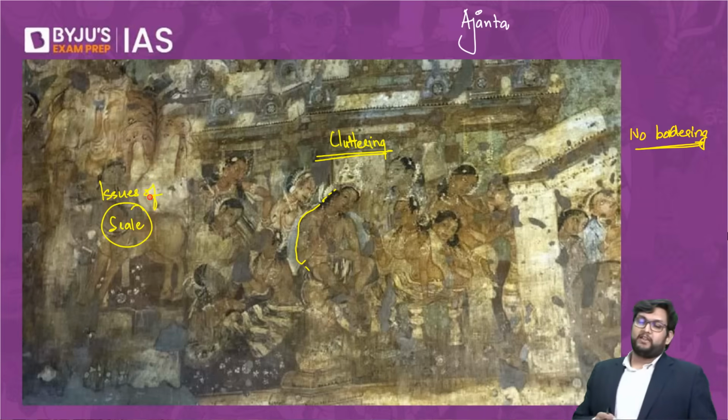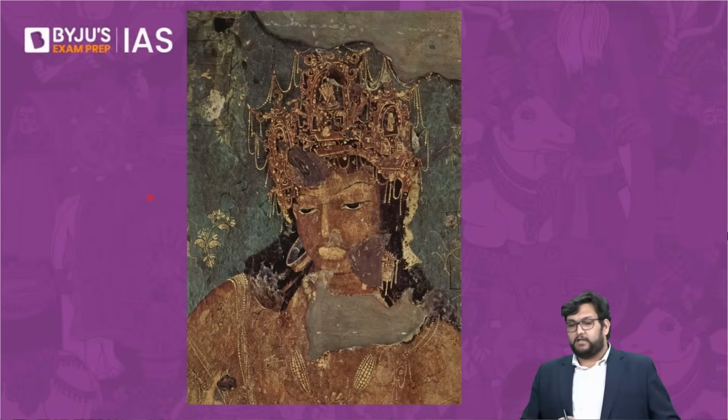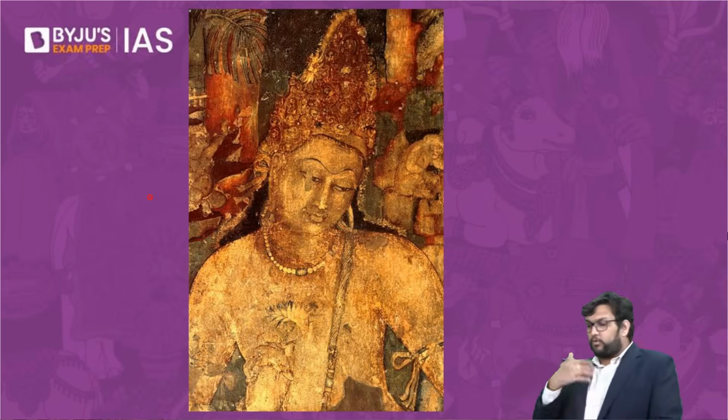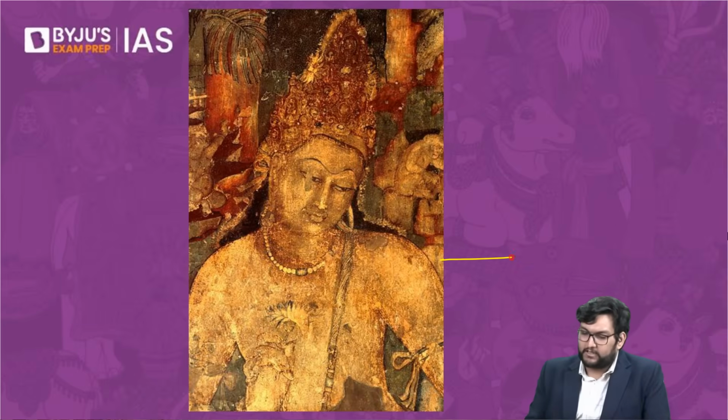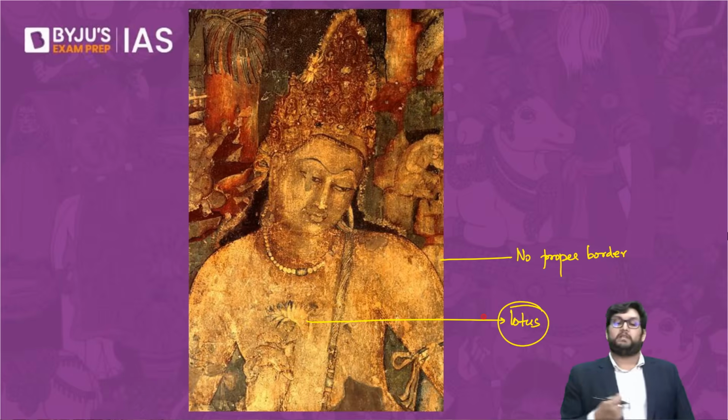But if I go to Bodhisattva Padampani or Vajrapani, I realize there is one more set. The same things are there: no proper border. You also have the one who holds the lotus in his hand. That is why it's called Bodhisattva Padampani.